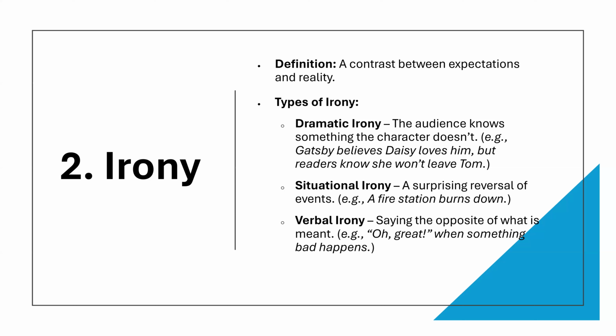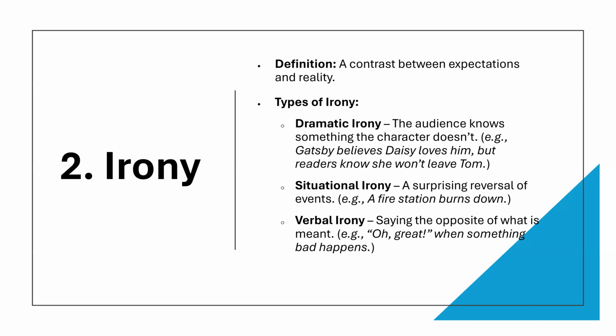We already know this thing about the situation, but the main character doesn't. For instance, Gatsby believes Daisy loves him, but we, the readers, already know that she won't leave Tom. That's the kind of dramatic irony they're talking about.